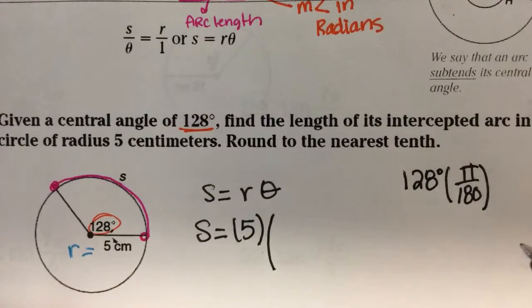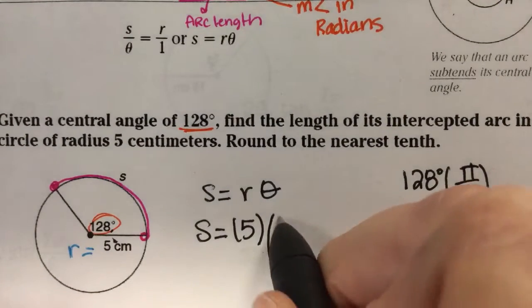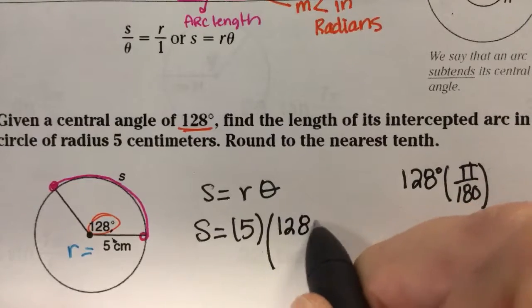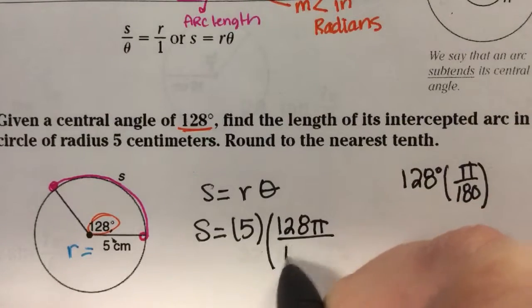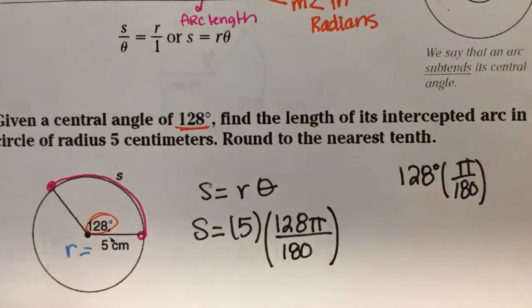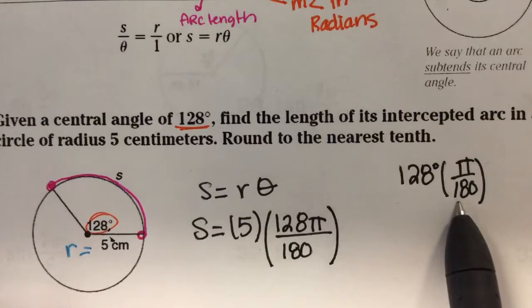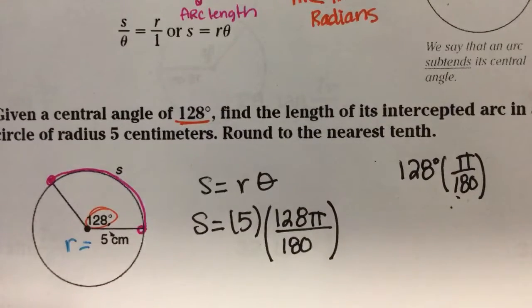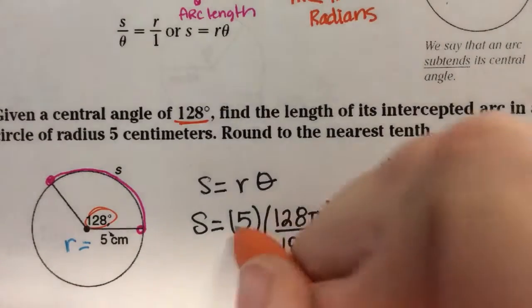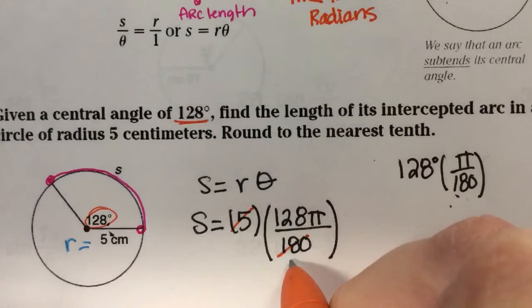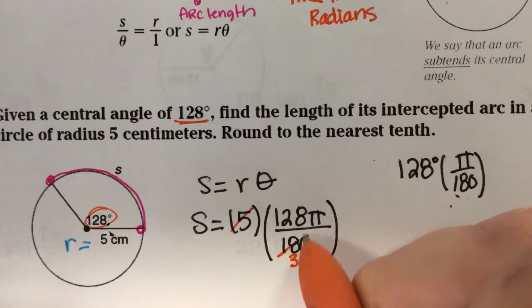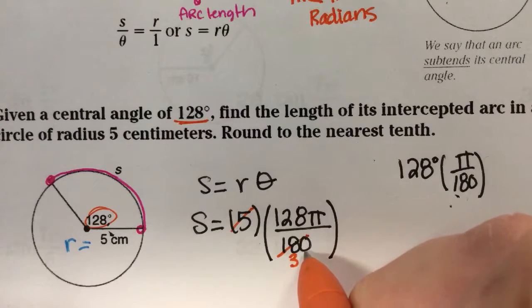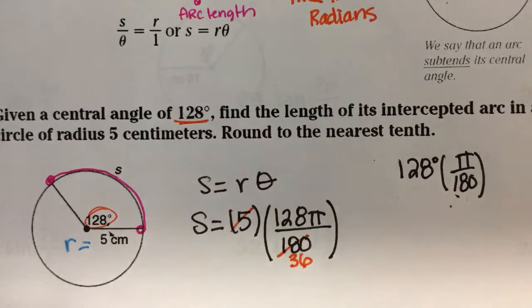If you don't want to do any simplifying, you can always just throw in 128 pi over 180 and go from there. If you want to simplify, obviously those are both even numbers. It's up to you. Right off the bat, I know that 5 is going to go into 180 36 times.